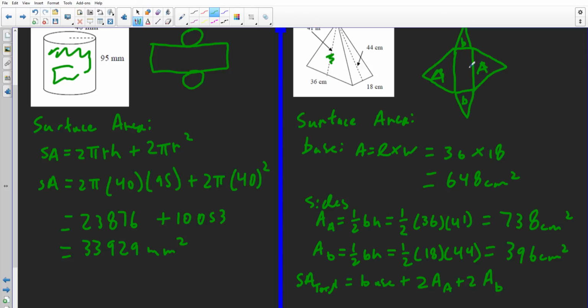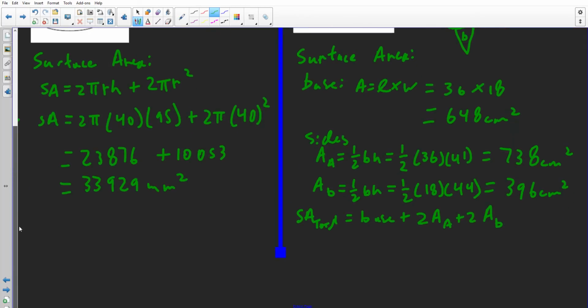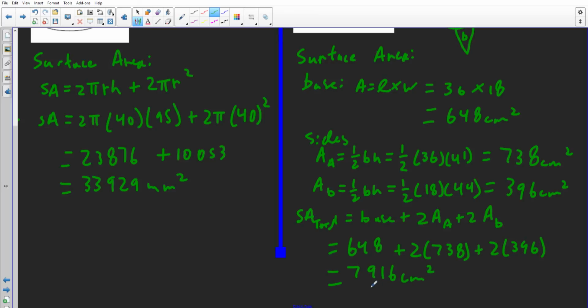I know that I need to add the base and 2 times side A and 2 times side B. So what I'm going to do then is just say, okay, we know that the base is 648 centimeters squared plus 2 times 738 plus 2 times 396, which is just equal to 7,916 centimeters squared. And that's our final answer.